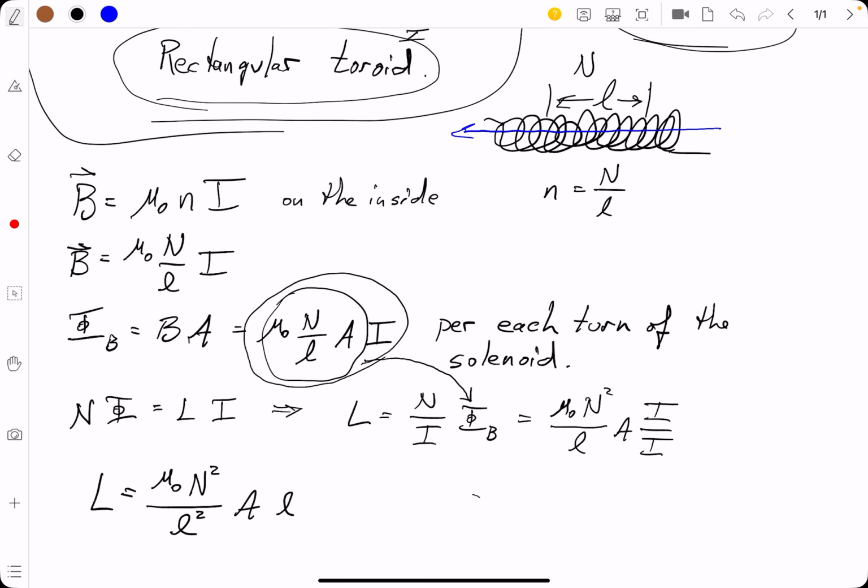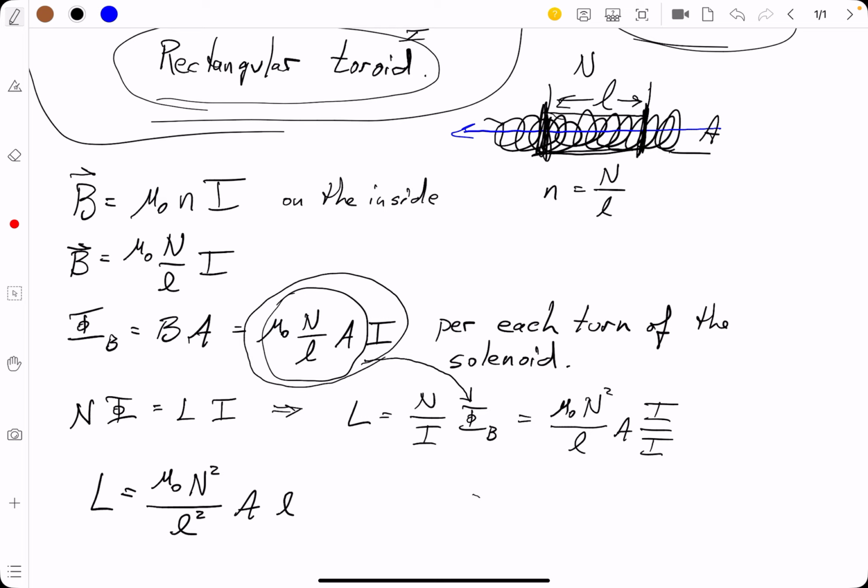If we look from this point to this point, and we've got some length L and some area that this thing subtends, what have we found?